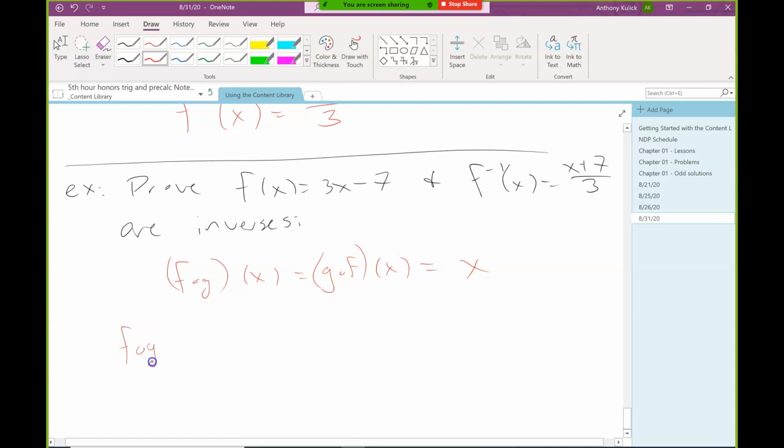So I have two compositions to do. So let's bulldoze through those pretty quick.